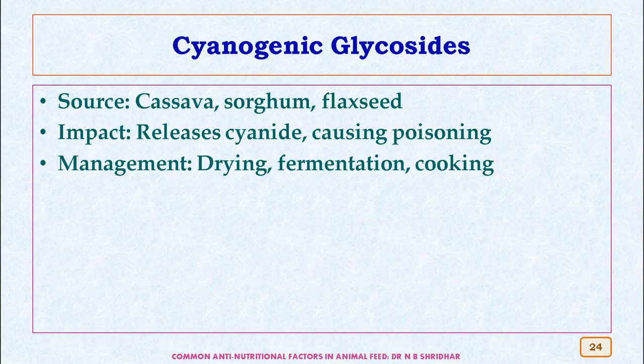And to remove the cyanogenic glycosides, the different materials which are going to be destroying the cyanogenic glycosides are always the better drying, number one, followed by proper management. Whereas we also have to create a lot of awareness among the farmers or the dairy science persons.